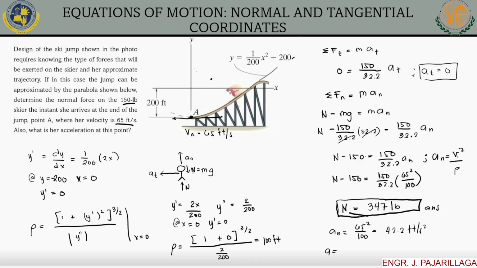Therefore, our acceleration, using SRSS, square root of the sum of squares, would be the square root of 0 squared plus 42.2 squared, which will yield an answer of 42.2 feet per second squared. This is your acceleration and this is the answer.